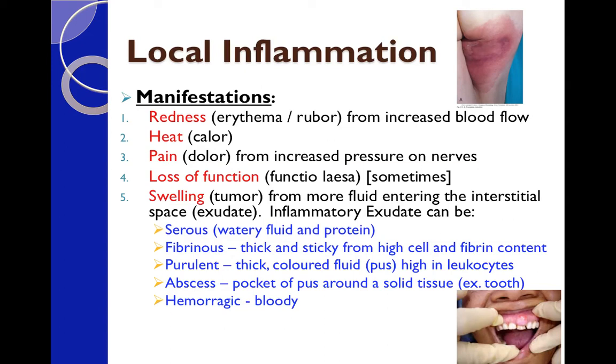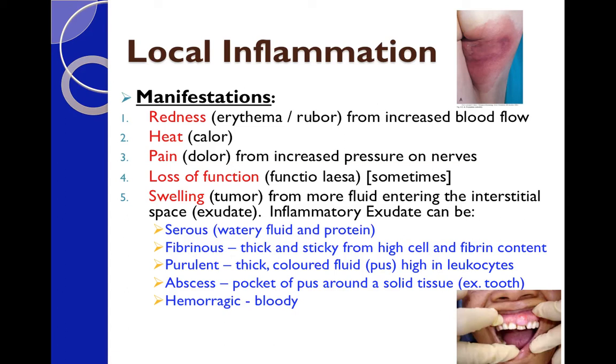Specifically, swelling has to do with exudate, which is the fluid which enters the interstitial space, and it can vary. It can be watery, the serous fluid, or it can have high fibrin content, the fibrinous.